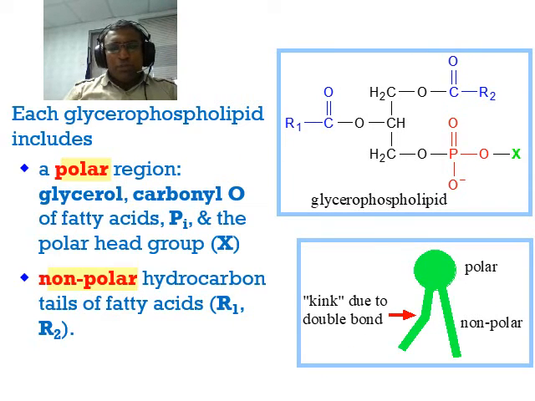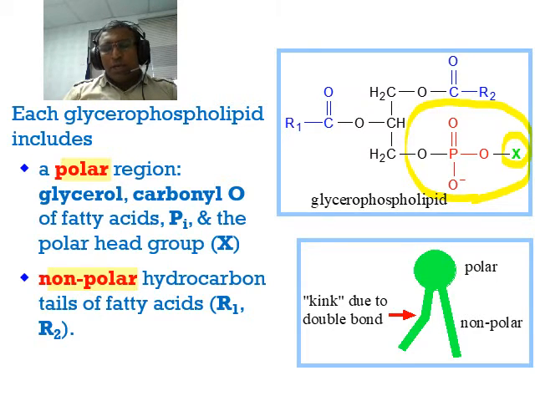Due to the X group, this X group either being carbohydrate having lots of OH groups, or being a charged group, it will contribute towards the whole phospholipid itself, whereby the charged group as well as the phosphate group, which has a negative charge, will be considered as polar, liking water, because water having negative charge and positive charge will be attracted to this negative or positive charge, or even the OH group, and therefore this is considered the polar region.